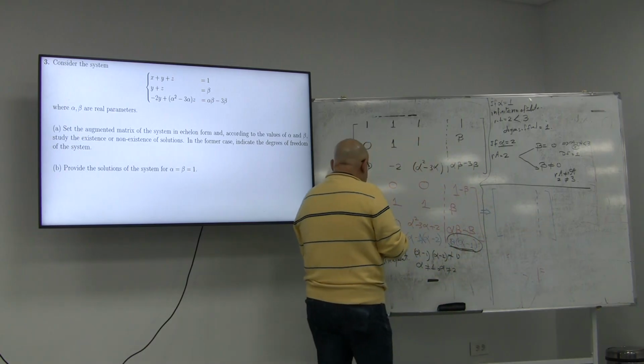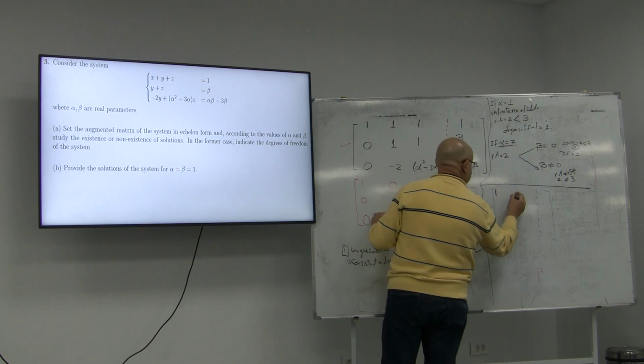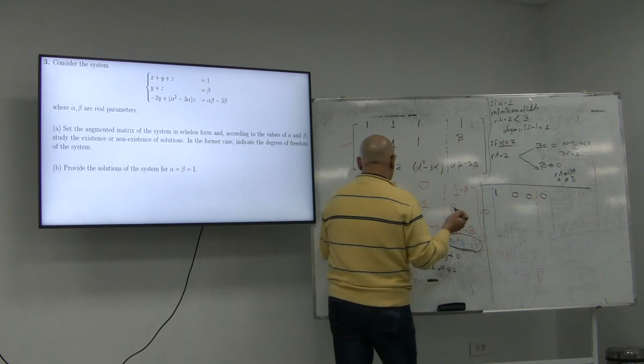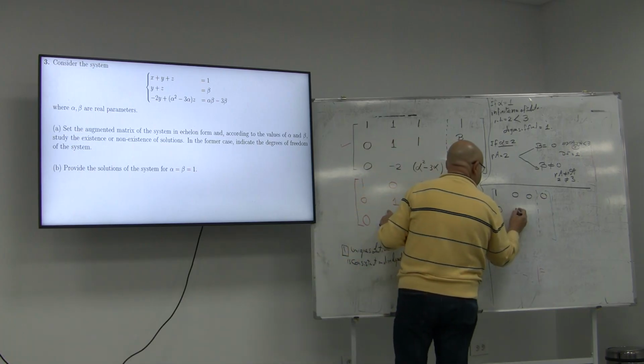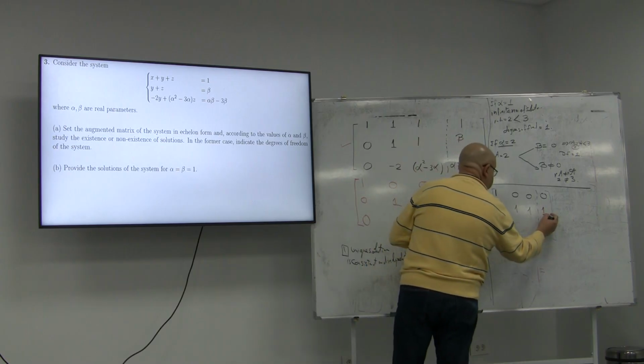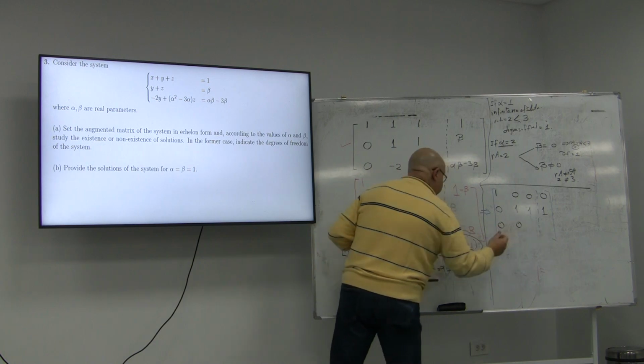So the system will be 1, 0, 0, 1 minus 1, so it's going to be 0. For the second row, it's going to be 0, 1, 1, then beta equal to positive 1. For the last row, you will have 0, 0.